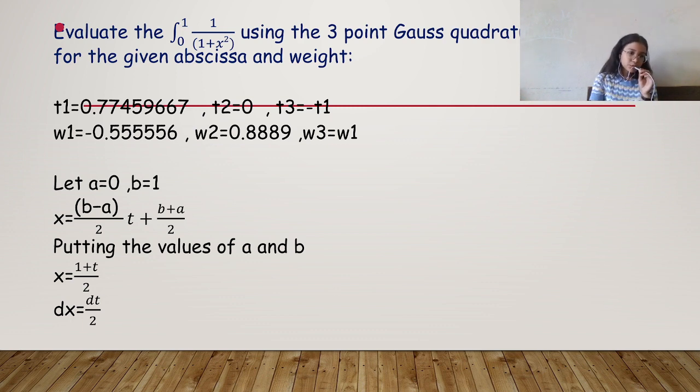Let a equals 0, b equals 1, x equals (b minus a)/2 times t plus (b plus a)/2. Putting the values of a and b, x equals (1 plus t)/2, dx equals dt/2.